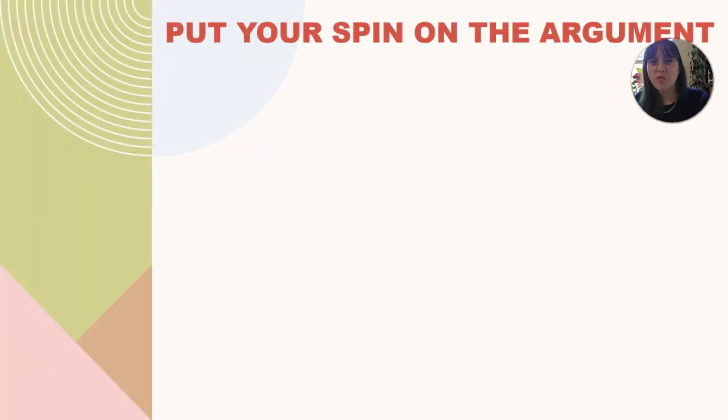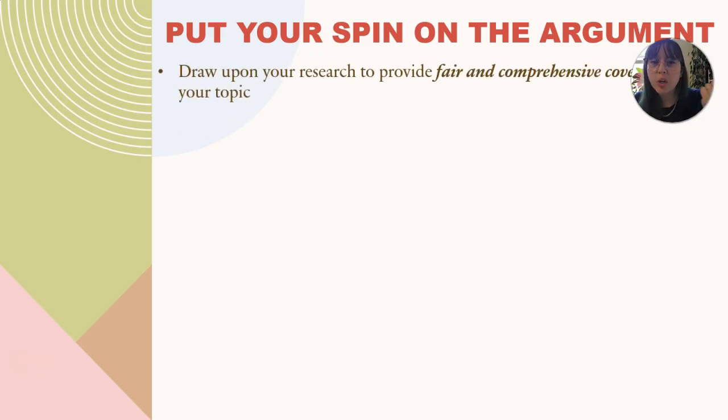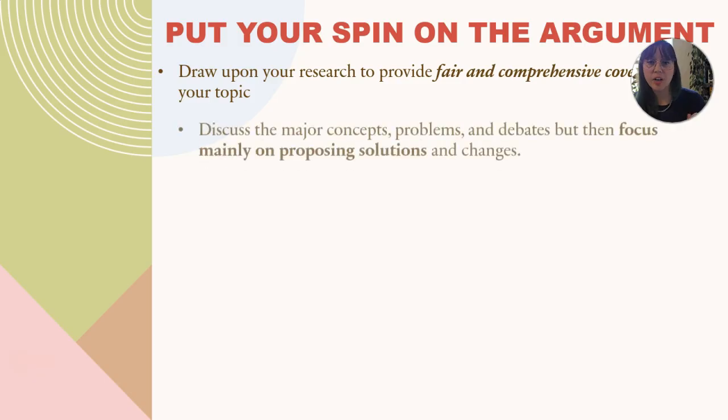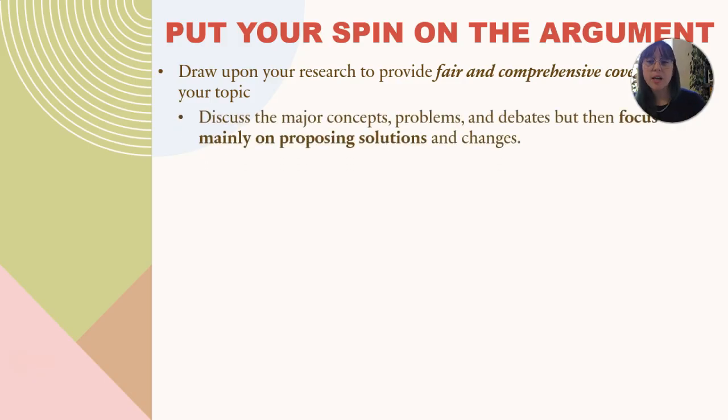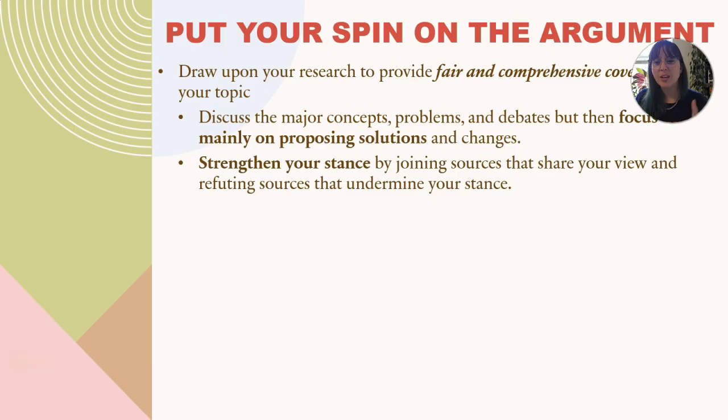So we learned 4 basic flows, and remember, you put your own spin on the topic. You draw upon your own research to provide a fair and comprehensive coverage of the topic. Discuss the major concepts, problems, and debates, but make sure the majority of your argument focuses mainly on proposing solutions and changes.